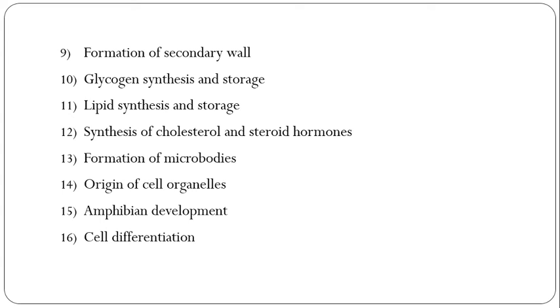In 1965 Christensen proved the enzymes catalyzing biosynthesis of androgens are located in the smooth ER. So there is a strong correlation between the amount of smooth ER in cells and the capacity to synthesize steroid hormones. So next one is the formation of microbodies.